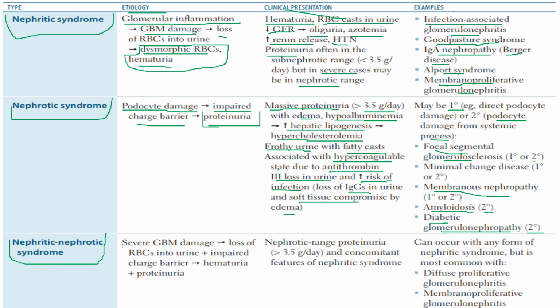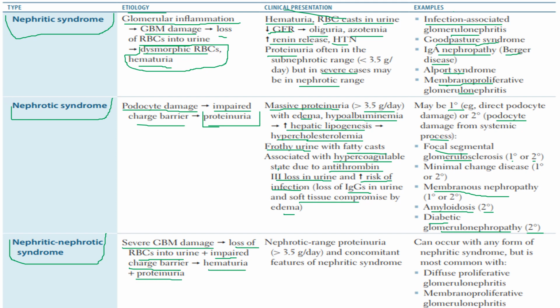It is severely associated with glomerular basement membrane damage, which leads to loss of RBCs into urine, plus impaired charge barrier, which leads to hematuria and proteinuria.